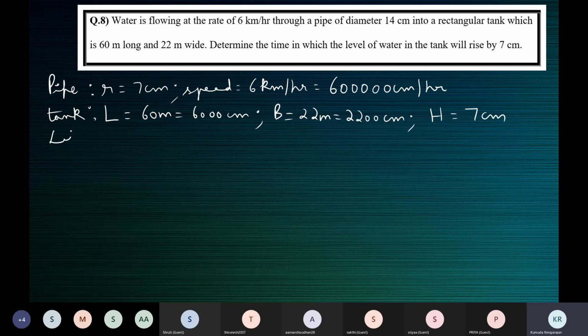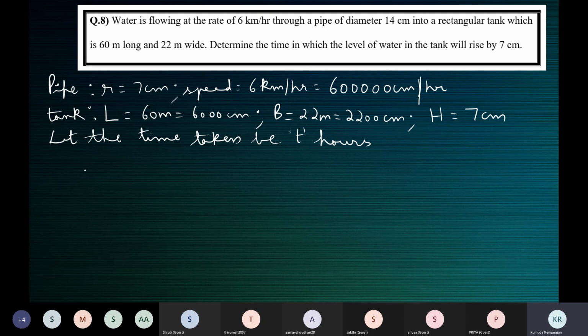So let the time taken be something like T hours. We'll say hours because here we have it in hours. Let the time taken be T hours.